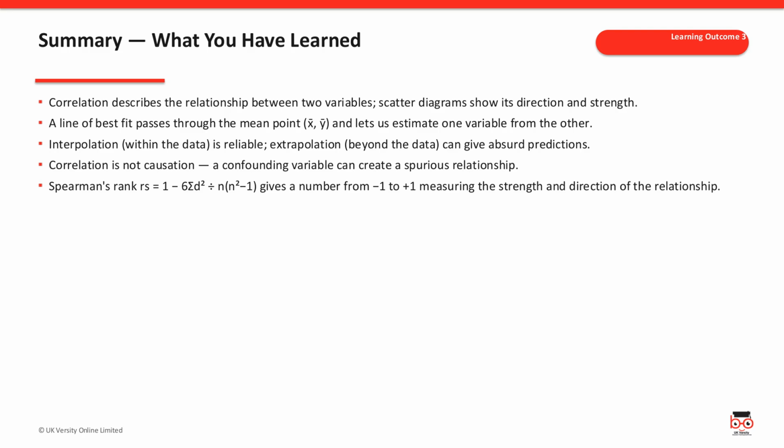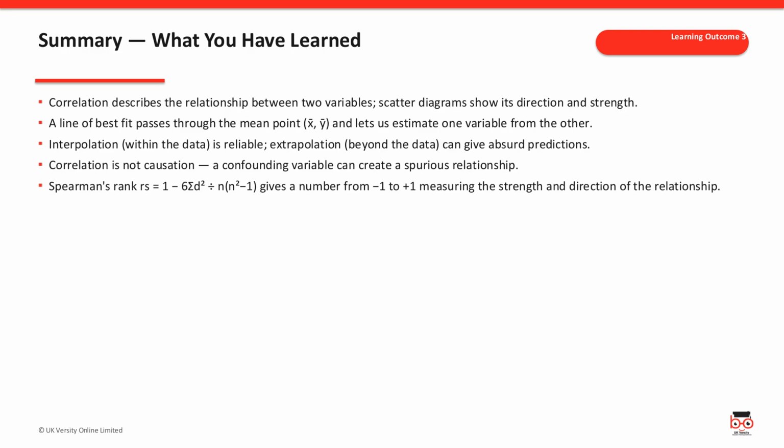Correlation describes the relationship between two variables, and scatter diagrams reveal its direction and strength. A line of best fit passes through the mean point, X bar and Y bar, and lets us estimate one variable from another. Interpolation within the data is reliable, but extrapolation beyond it can give absurd results.